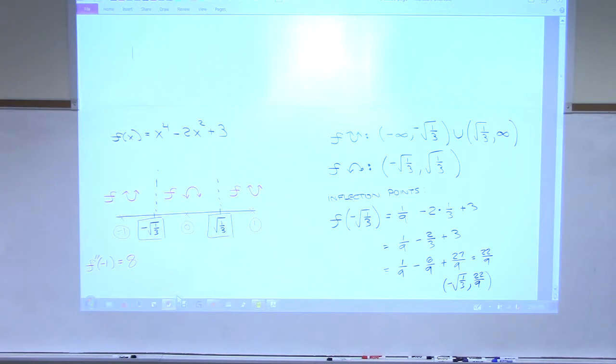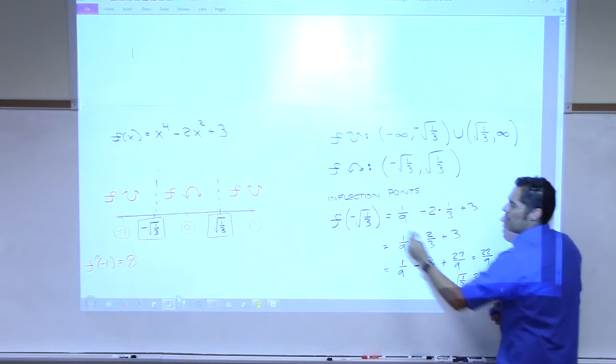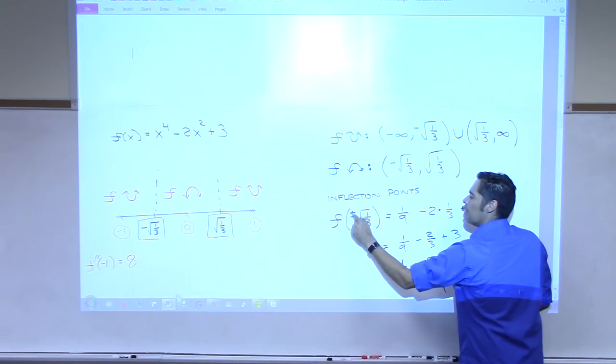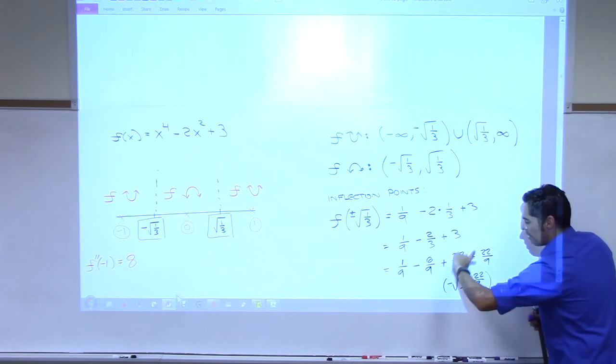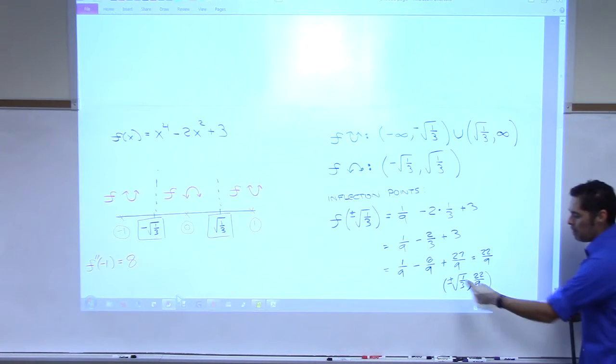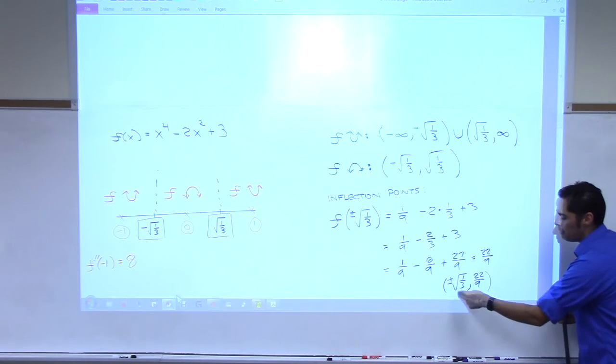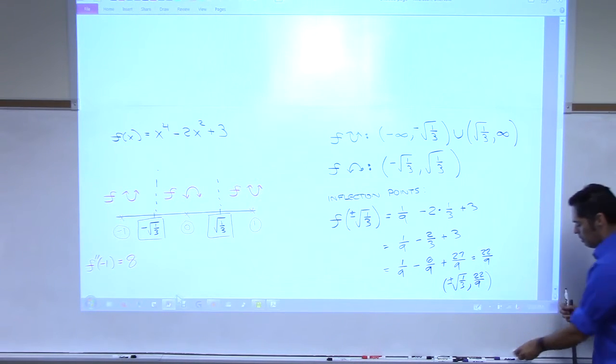What would the other inflection point be? Same thing, right? Because when I raise it to the 4th and square, I get the same thing. So I'm going to put a little plus or minus here, and that is still going to work out like this. So those are my two answers: positive root 1/3, 22/9, or negative root 1/3, 22/9.